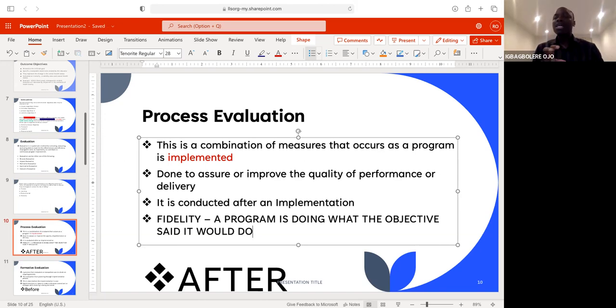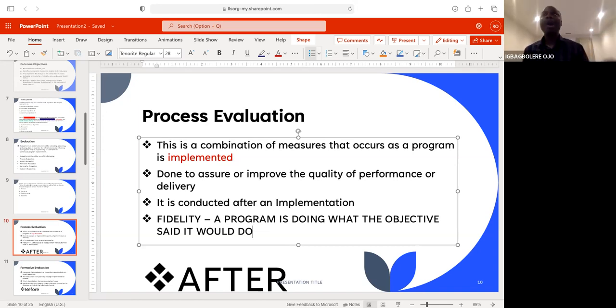So, a process evaluation is done after implementation, but in actual sense, it is done to measure fidelity. That is why you do a process evaluation. So it can only be conducted after an implementation. We are not conducting a process evaluation to go back and change something.